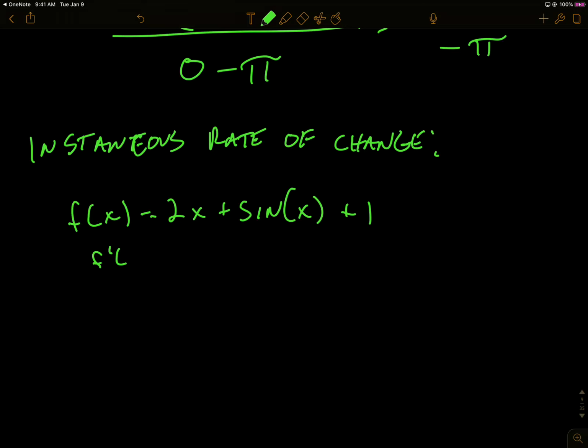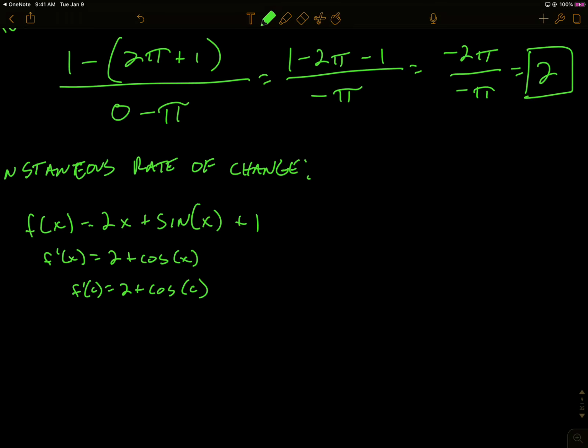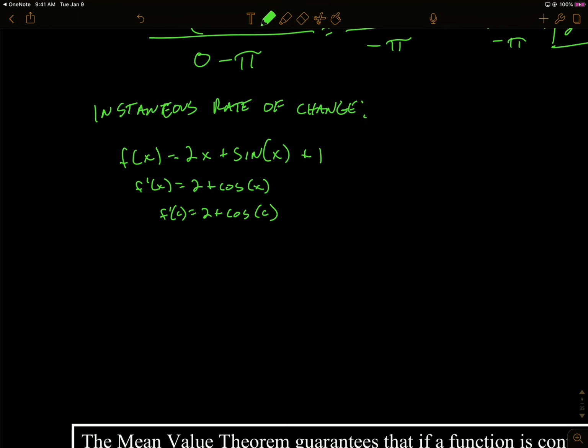So my derivative is going to be 2 plus cosine of x. So f prime of c is going to be 2 plus cosine of c. So there's going to be some spot c where the average rate of change is equal to the instantaneous rate of change. So I'm going to say 2 plus cosine of c is going to be equal to 2, the average rate of change.